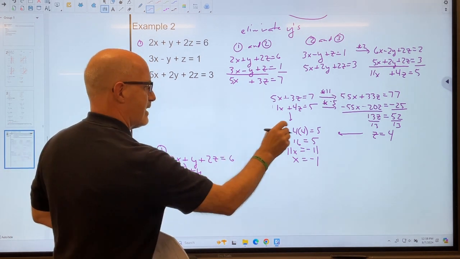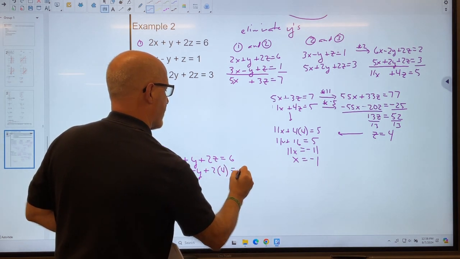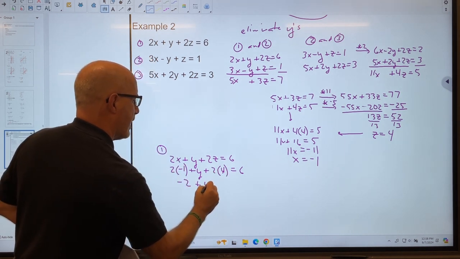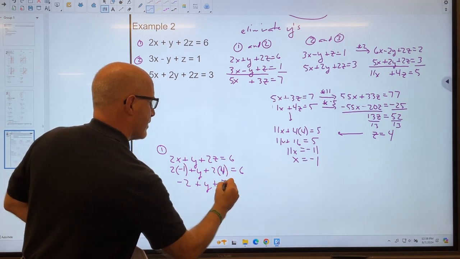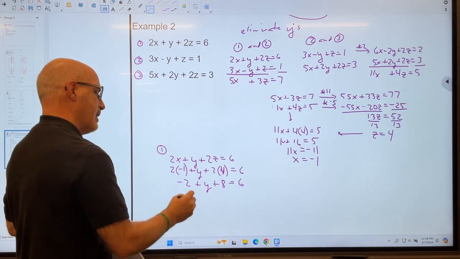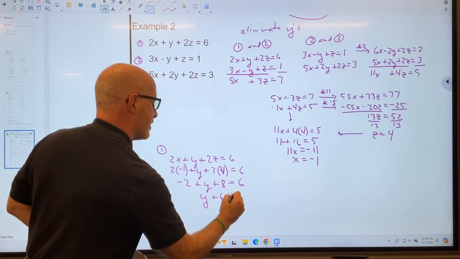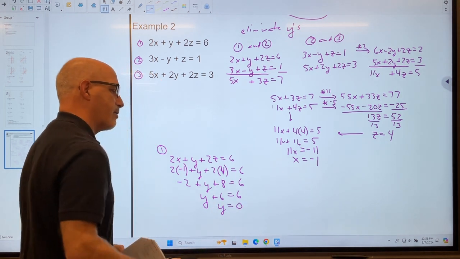I'm going to put in z, which is 4. I'm going to solve this. So I get negative 2 plus y plus 8 equals 6. Negative 2 plus 8 gives me a positive 6. Subtract 6 from both sides, you get y equal to 0.